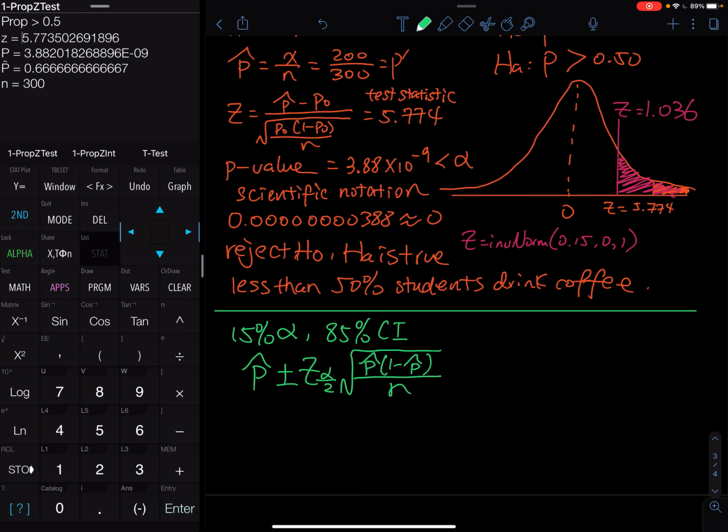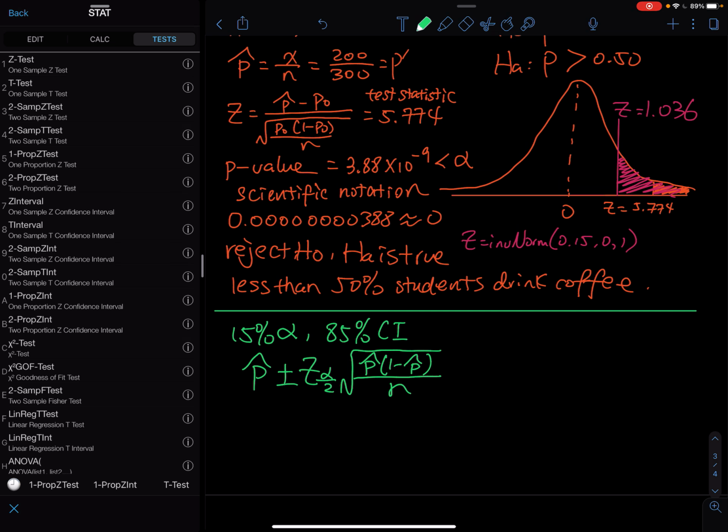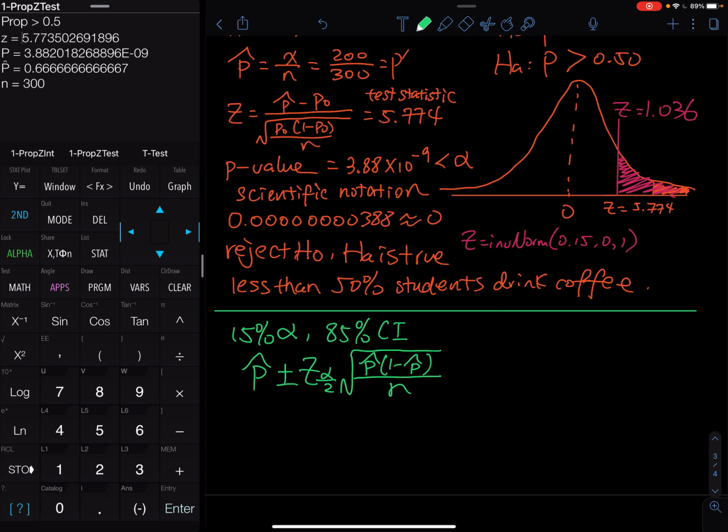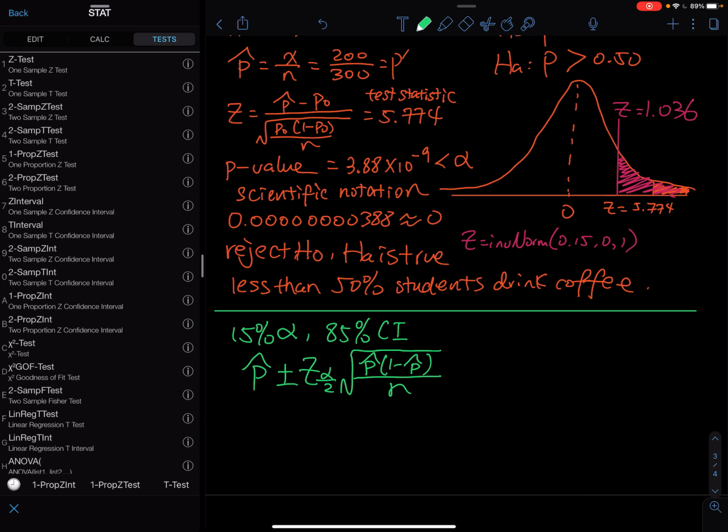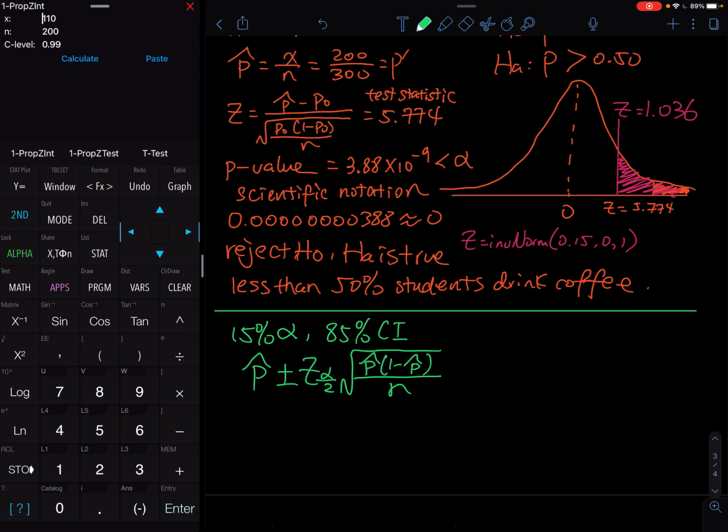So we go to stat, and then we do one proportion z interval, that is in line A, the letter A, one proportion z interval. Select that one prop z in. Oh, on my calculator I have to erase this result first, and then we go to stat test, one prop z in, and then this is 200 out of 300, and then the confidence level is 0.85, and then you calculate.